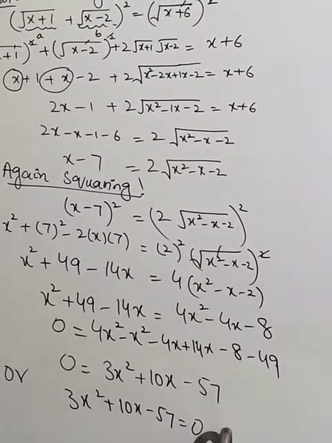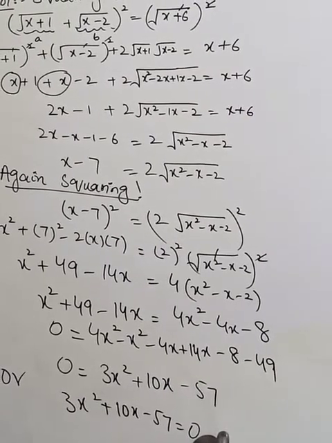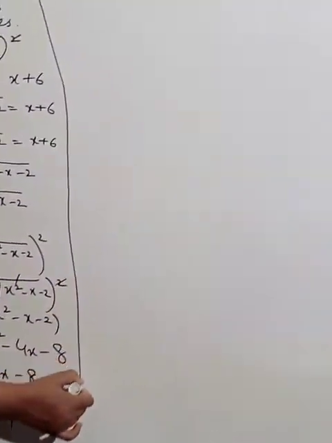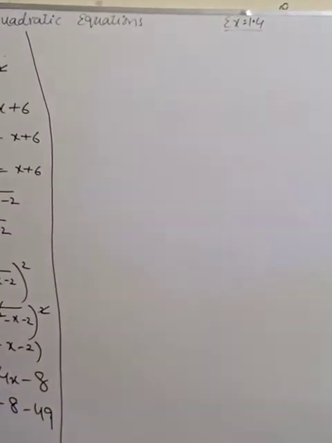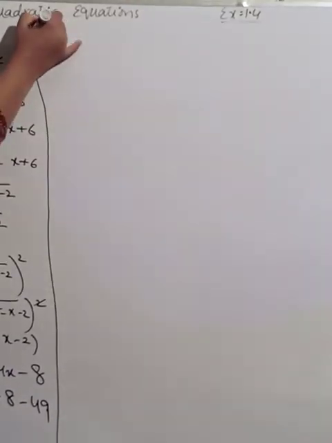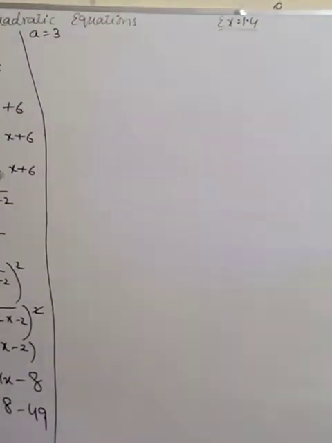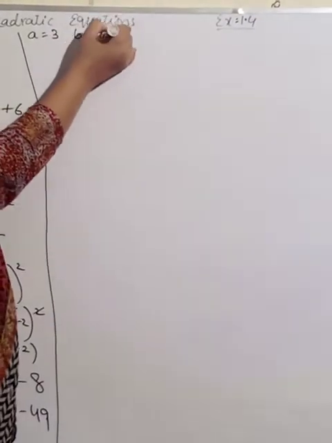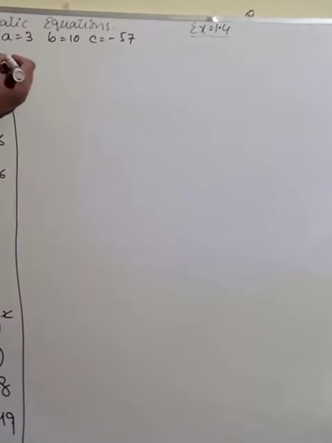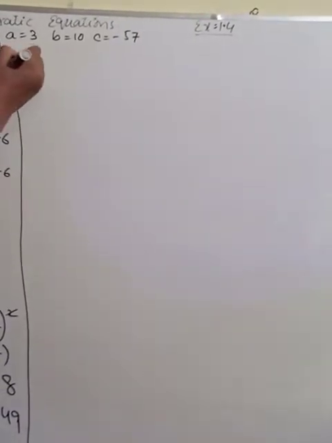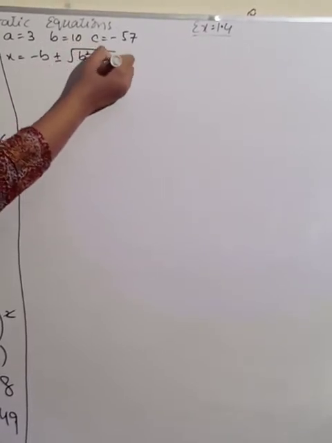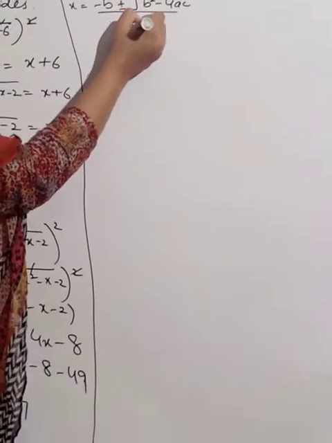If factors seem easy to make, make the factors. If the quadratic formula seems easier to use, use the quadratic formula. For the quadratic formula we have a is equal to 3, b is equal to 10, c is equal to minus 57, right? So x is equal to minus b plus minus square root of b square minus 4ac divided by 2a.